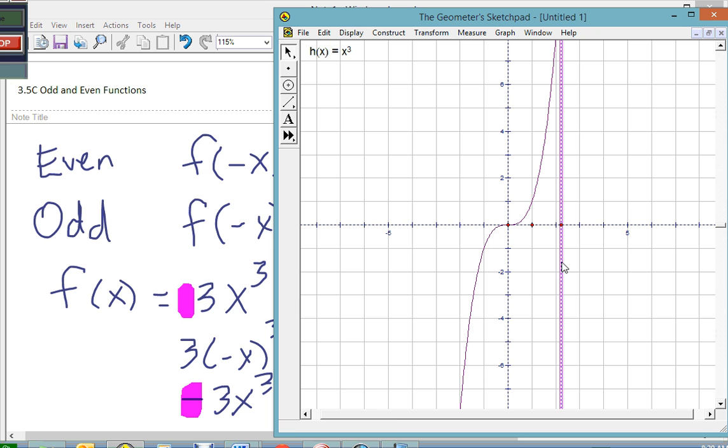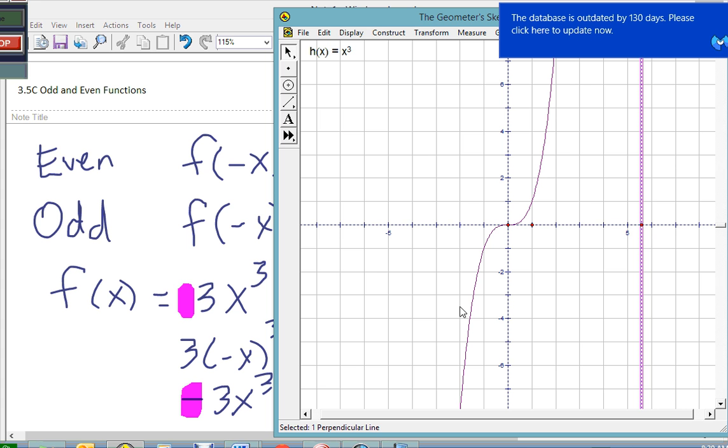So you see that whatever is up here, we could take this and rotate it 180 degrees over to here and it would land on itself. That is called symmetry around the origin. So it's not a flip, it's a rotate onto itself. If I rotated this 180 degrees, it would land on itself. That's called symmetry around the origin, and odd functions are always symmetrical around the origin.